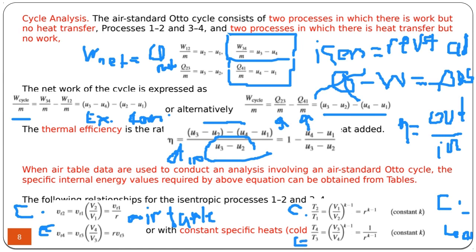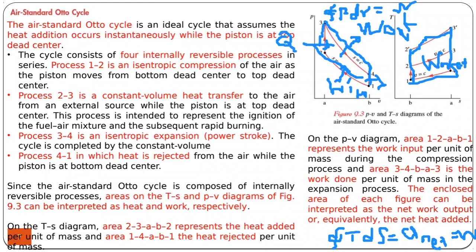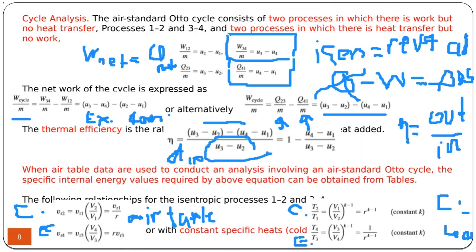In both cases, of course, we assume that compression and expansion are isentropic. So this is the isentropic compression for air standard, isentropic compression for cold air standard, isentropic expansion for air standard, and isentropic expansion for cold air standard.